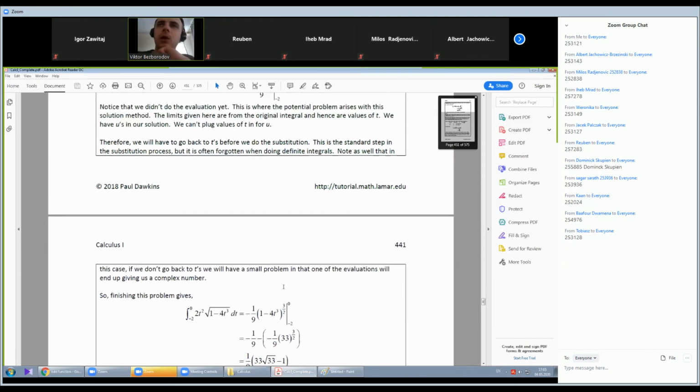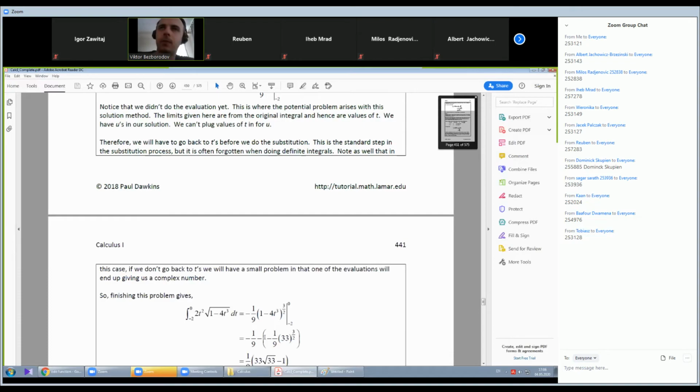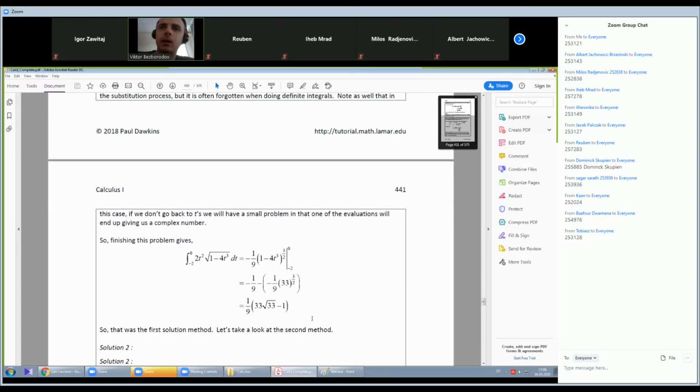You compute the indefinite integral, and then you write, okay, this equals this, no matter what method you use. And then you plug in and you find the answer.